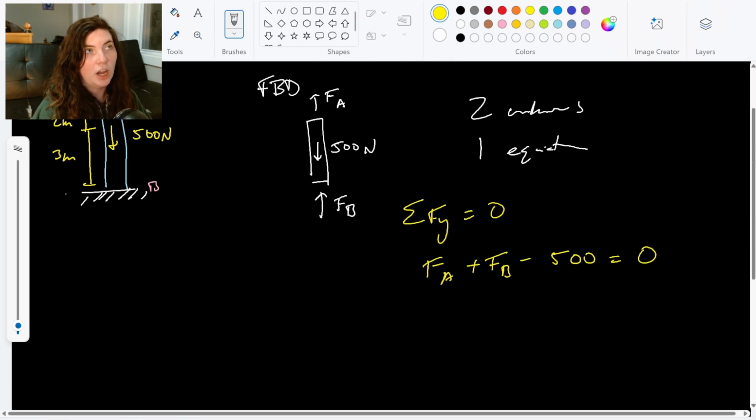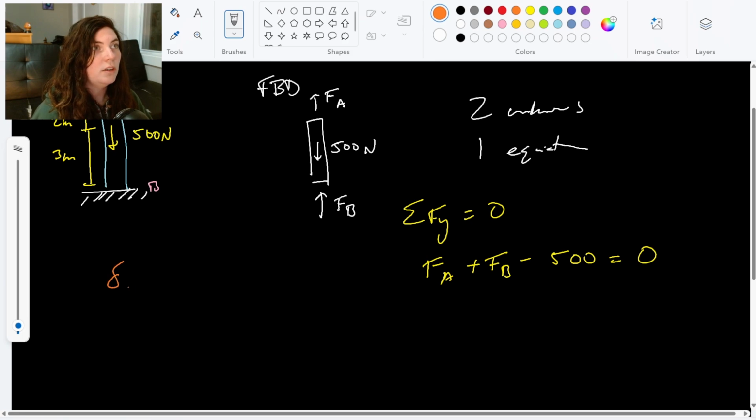So looking at our geometry here, by geometry, we know that the displacement of B with respect to A is going to be 0. We know displacement has to be 0. So from our axial loading geometry that we talked about a few videos ago, doing segments, let's do this in orange.